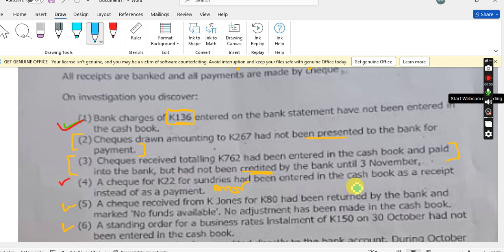When you see a payment has been entered as a receipt, okay, money that was supposed to be going out has been recorded as money that has come in, you have to double the amount on the opposite side.